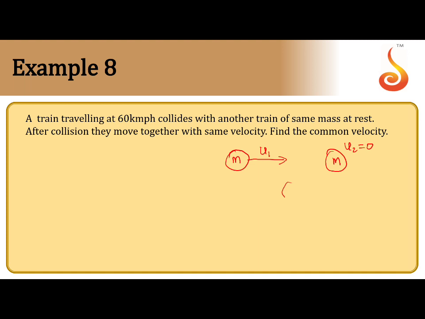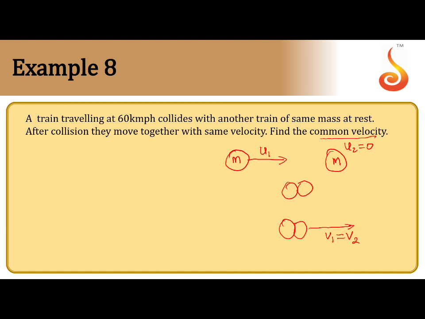This will go and collide with this. Both of them will collide for some time. After collision, they both either may move together or separately. According to the data, they both move with the common velocity. They both join together and move together with the common velocity v1 equal to v2.